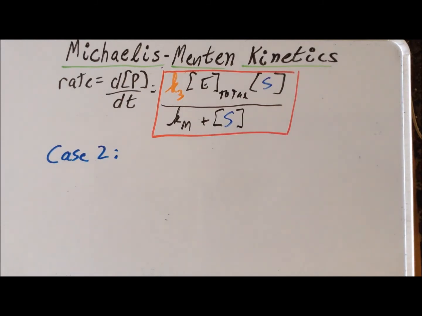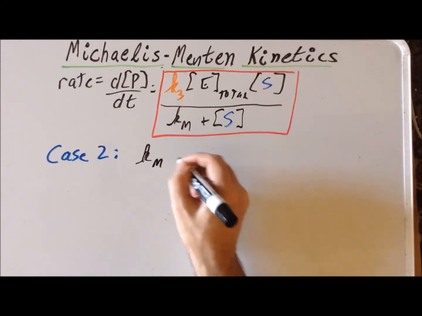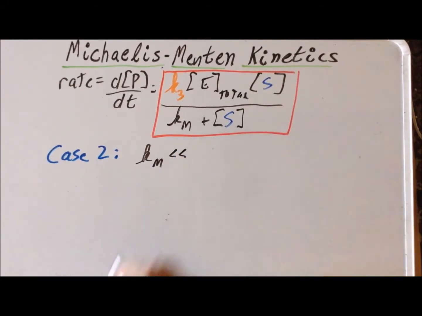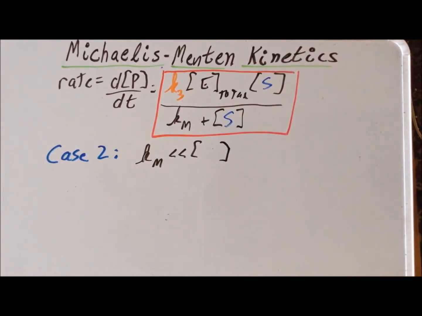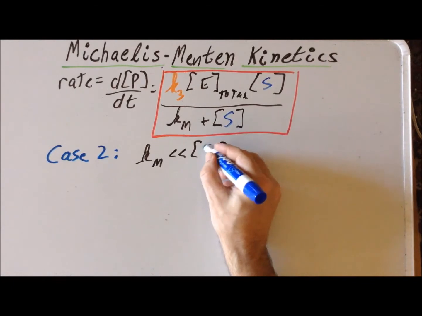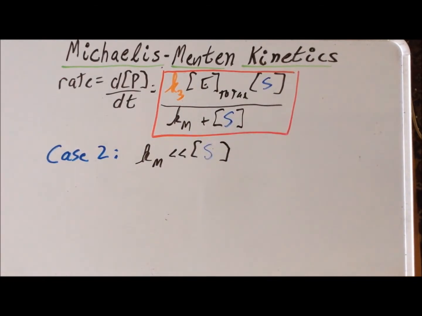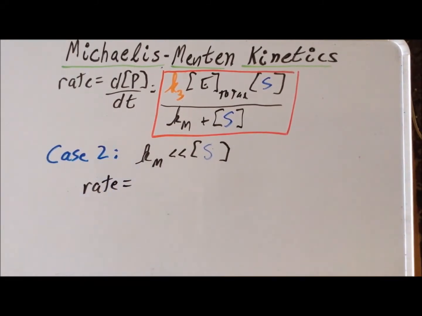For the second special case, let us assume that the Michaelis-Menten constant K sub m is actually much smaller than the concentration of S. If so, that means that we can replace the denominator simply by the concentration of S. So what does that give us for the overall rate?